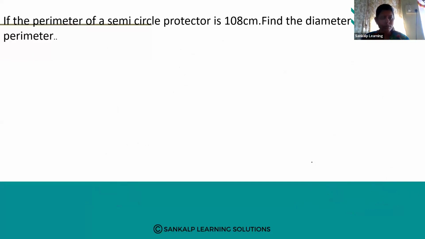Next question. If the perimeter of a semicircle protector is 108 centimeter, just now I told about the semicircle protector. Find the diameter.